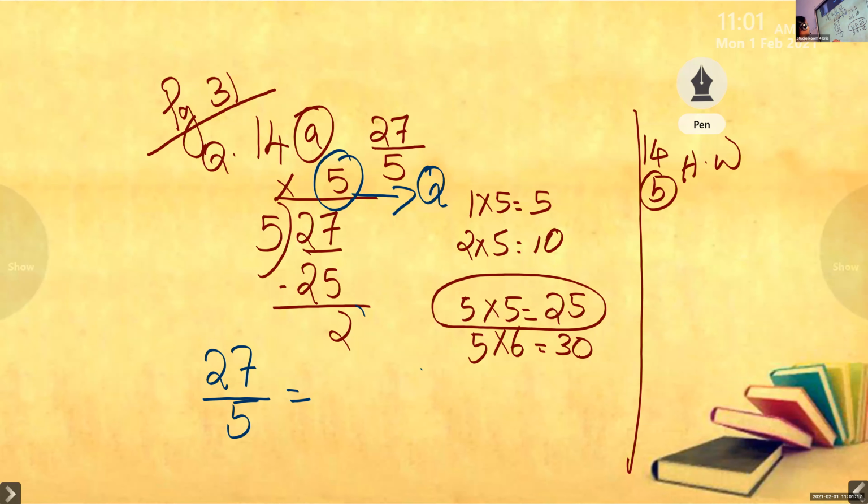This 2 is remainder and 5, the same, denominator is that divisor. So 27 by 5, you have to divide, and here quotient is 5 and the remainder is 2. Algan, can you say it as a mixed fraction?